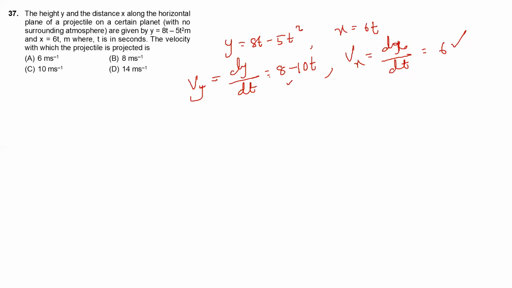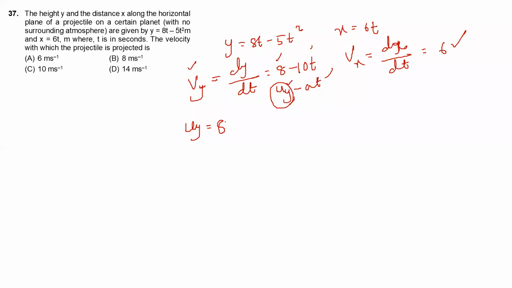For the initial velocity, the velocity with which the projectile was projected: since v is equal to u plus at, vy is equal to uy minus a into t. So what is uy? The initial velocity in the vertical direction is 8, na? Yes or no?